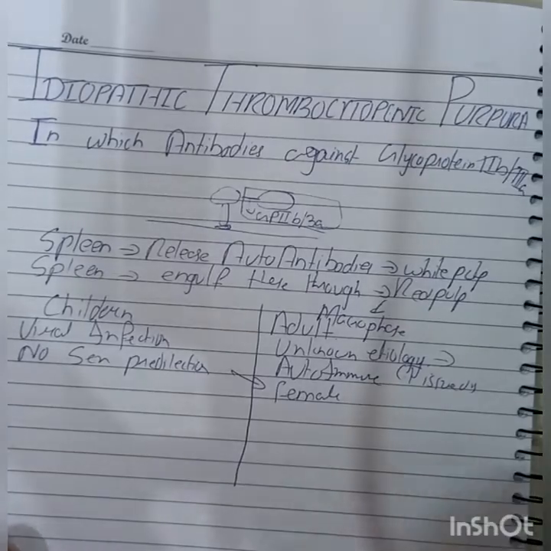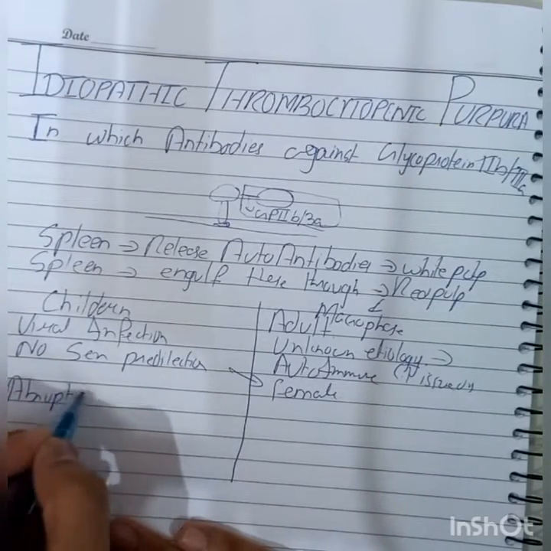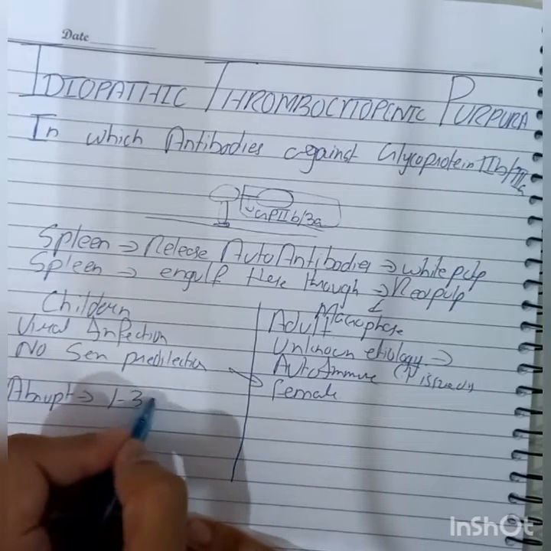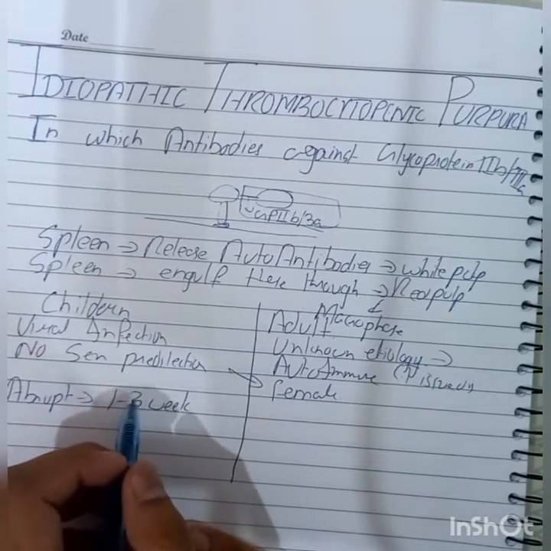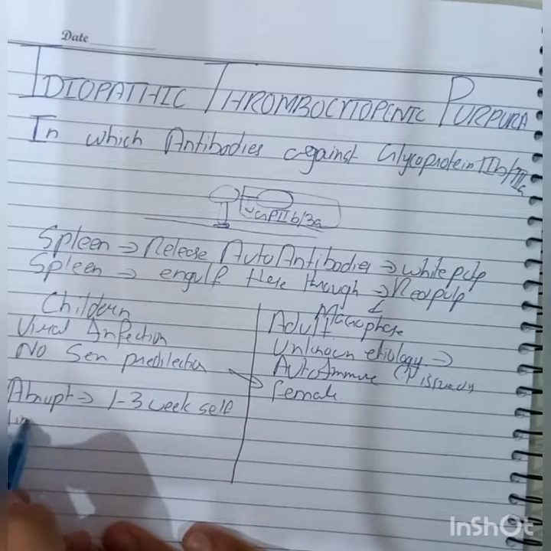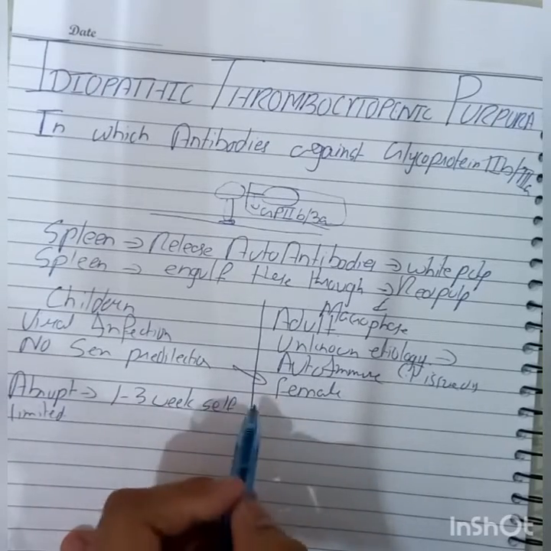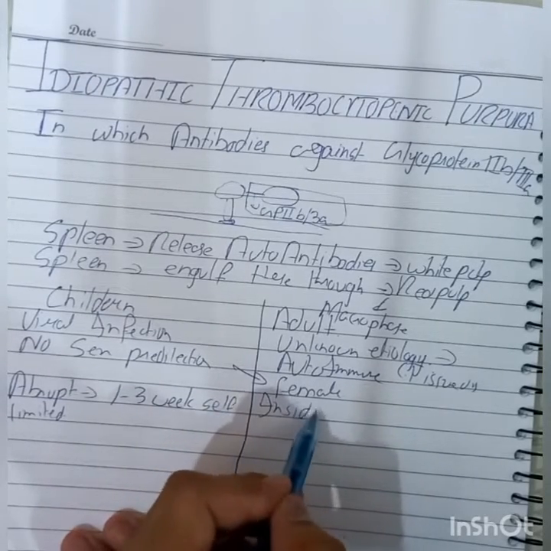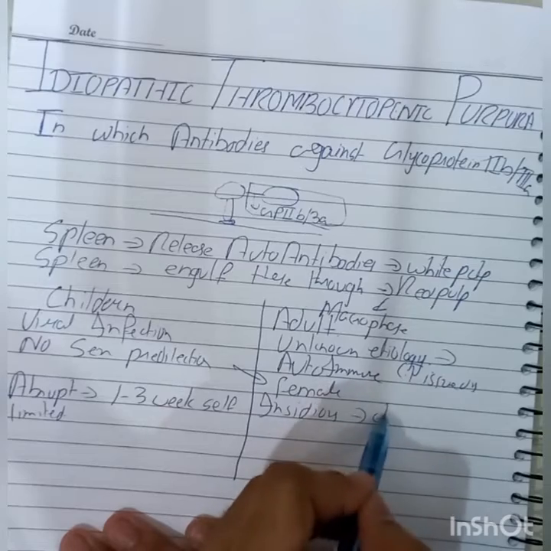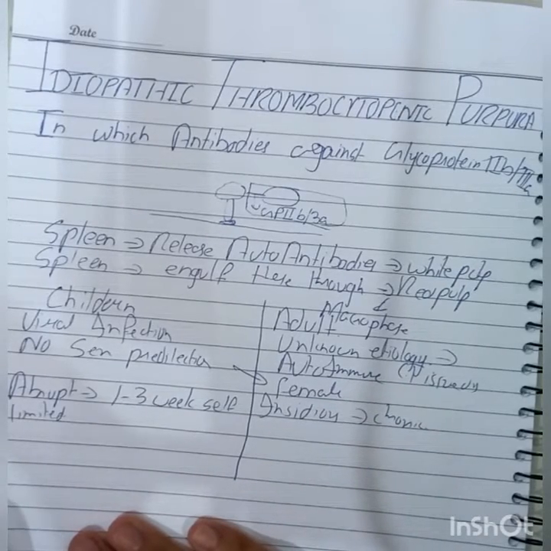In children, onset is abrupt, meaning that it occurs rapidly and lasts only 1 to 3 weeks, and it is self-limited. Self-limited means that if you don't give treatment to the patient, it will be all right after 1 to 3 weeks. In adults, it is an insidious onset and a chronic form. It runs for many weeks to many months.